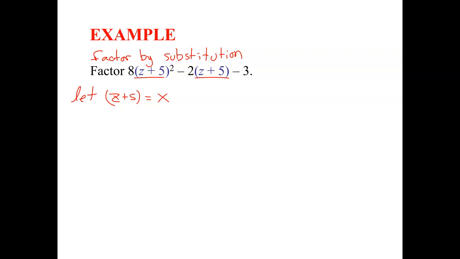We're going to replace that binomial with x, giving me 8x squared minus 2x minus 3. That's a whole lot easier to factor. Once it's factored, I'll put that binomial back in and then simplify, but let's make it easier to factor first.